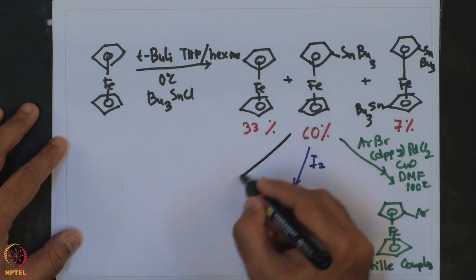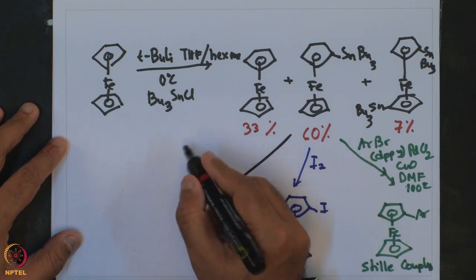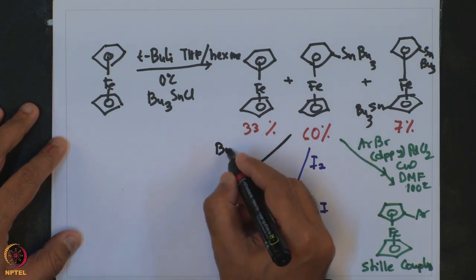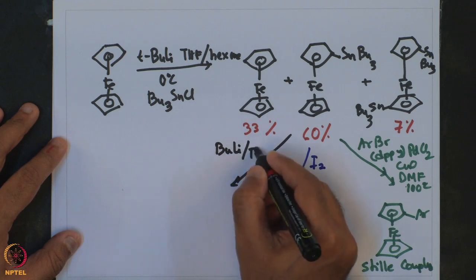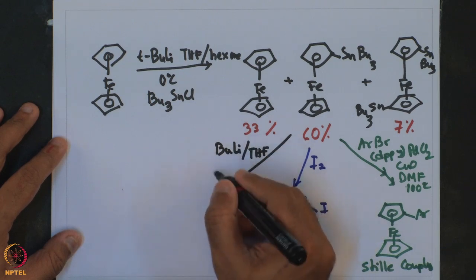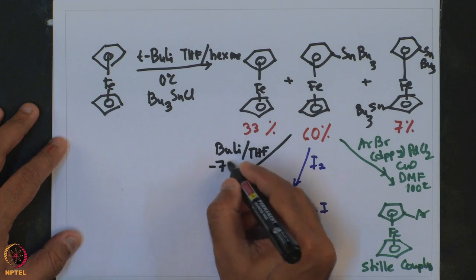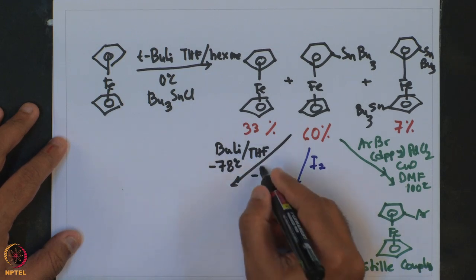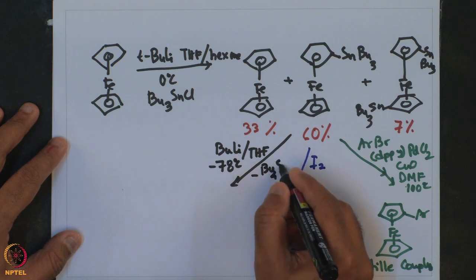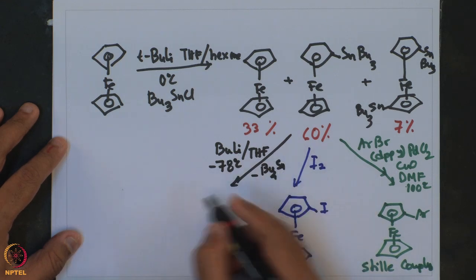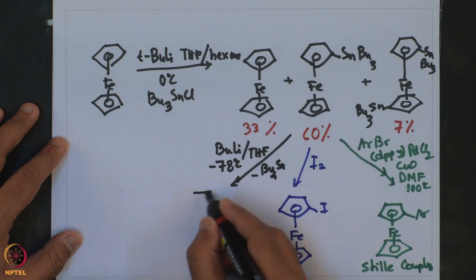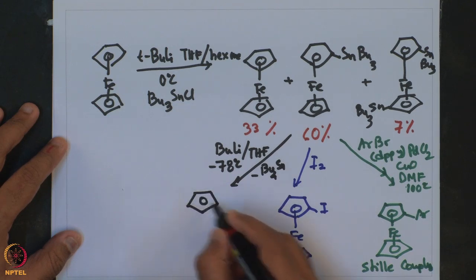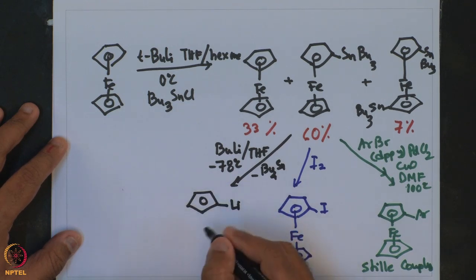the organostannyl derivative with butyl lithium in THF at minus 78 degrees centigrade eliminates tetrabutyl tin, giving the much desired monolithiated compound.